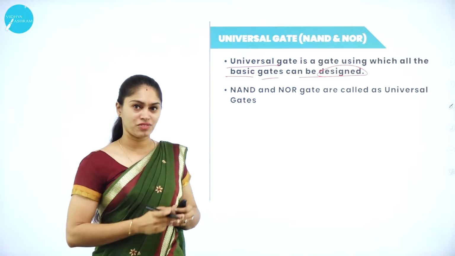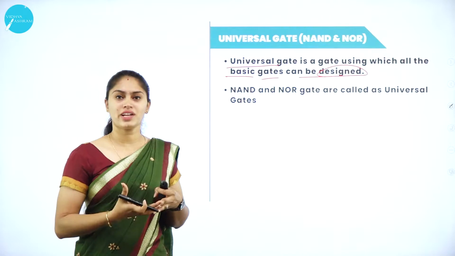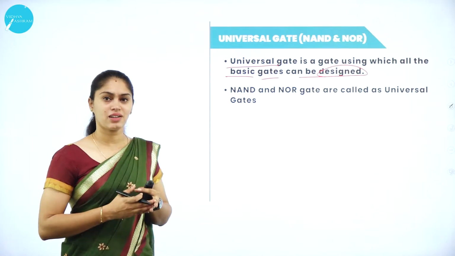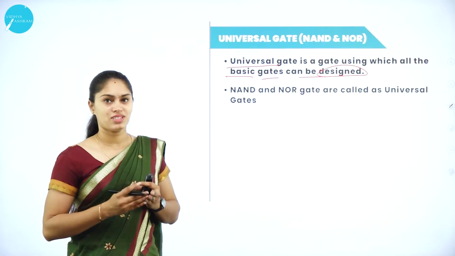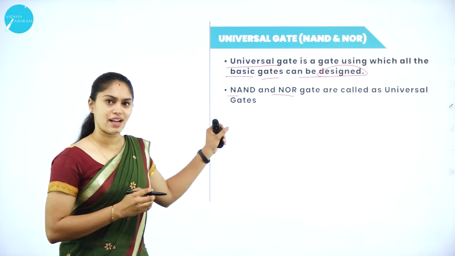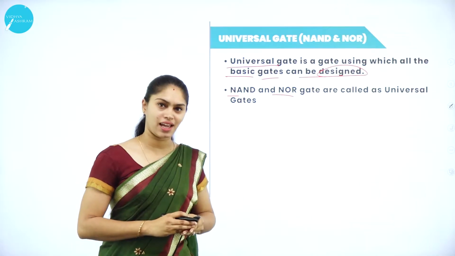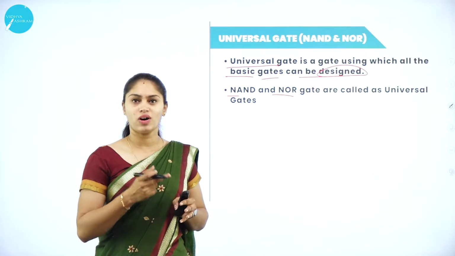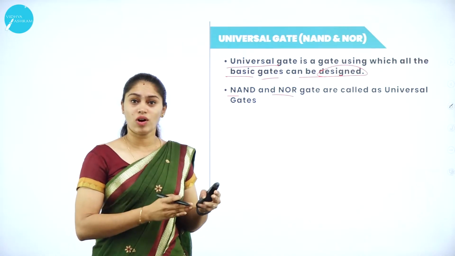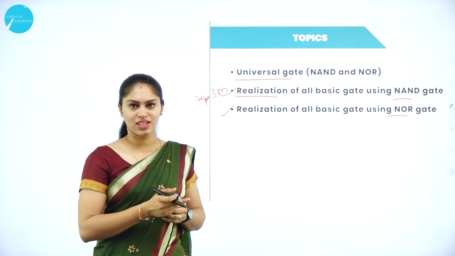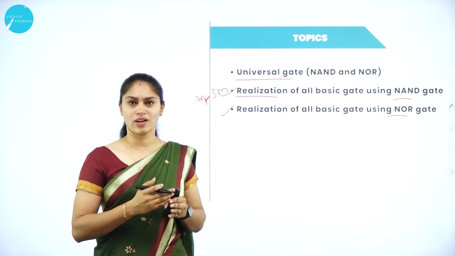By making use of this universal gate, we are going to implement or create a basic gate, so that it will be considered as what? Universal gate. So here NAND and NOR will be considered as universal gates. By making use of NAND and NOR, I can create AND, OR and NOT gate. That is what this is about: realization of all the basic gates either using NAND gate or using NOR gate.